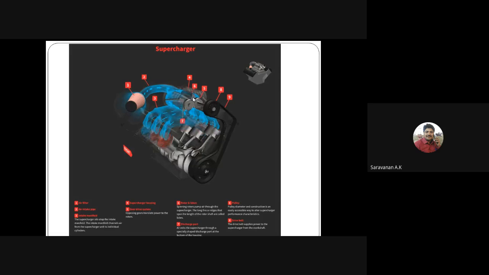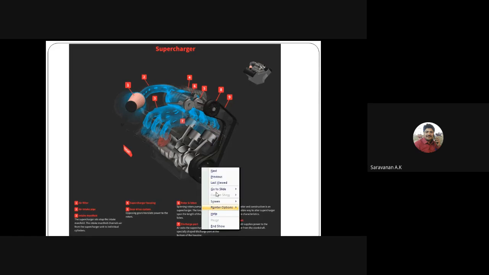How does the compressor run? It gets the power from the belt drive. You can see the eighth one. Where does it get the power? For the belt drive, you can see 8 and 9. 8 is the pulley, and 9 is the belt drive, which is run by the crankshaft.